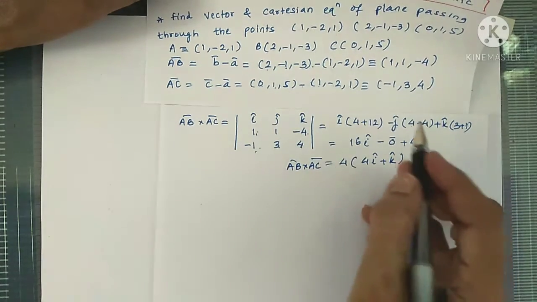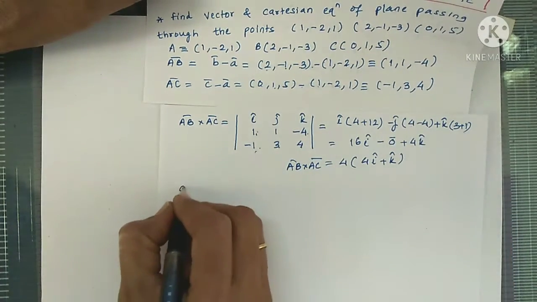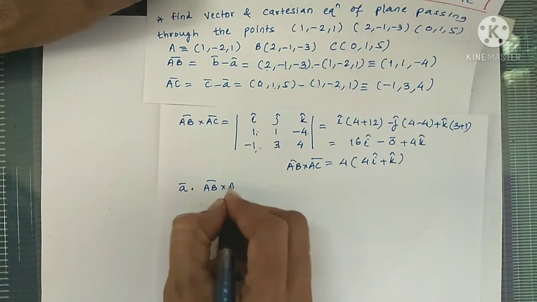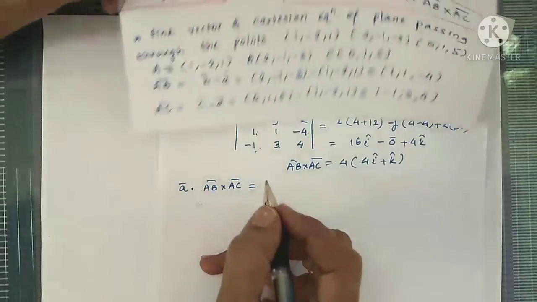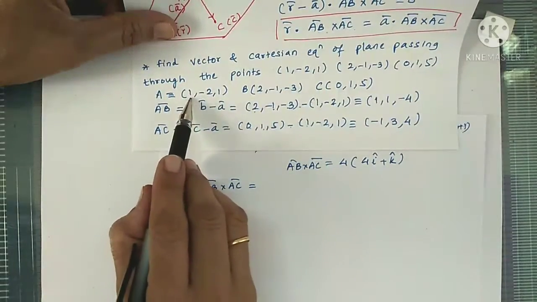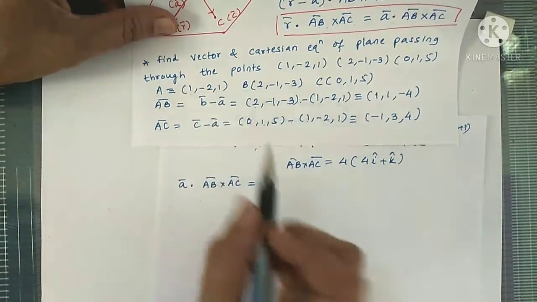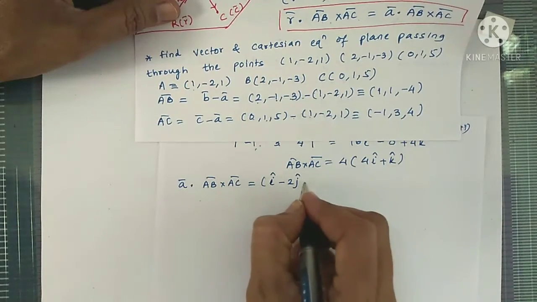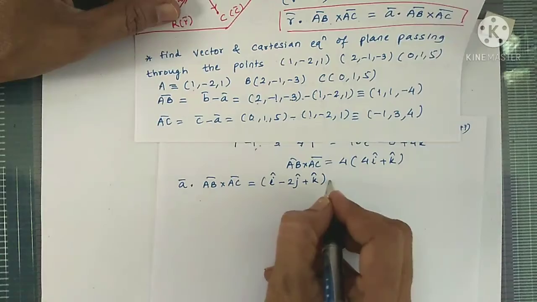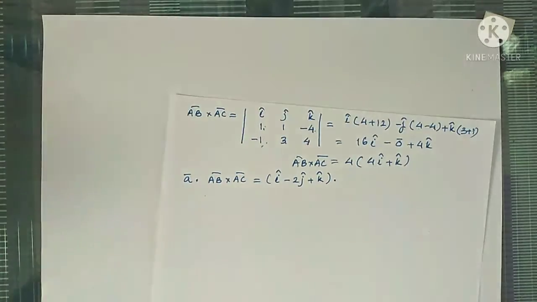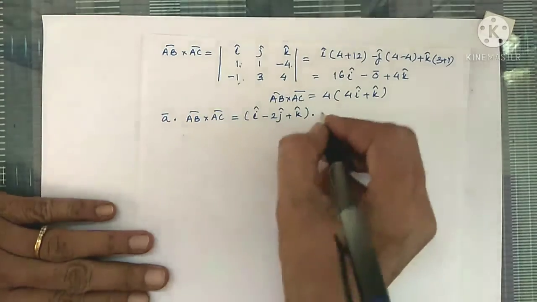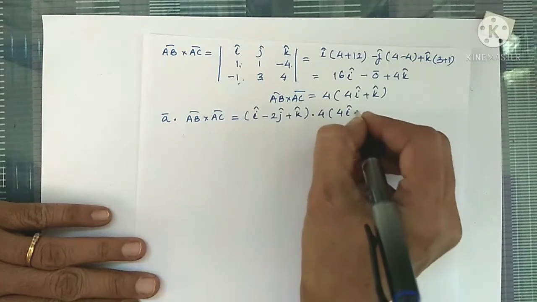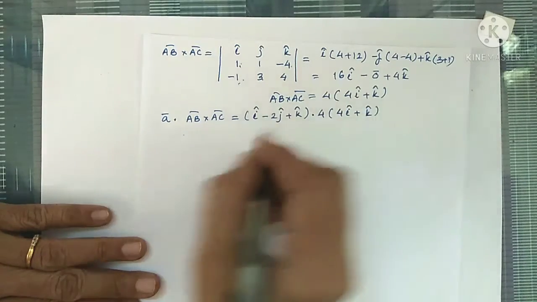In the right hand side of the equation, we have A bar dot AB bar cross AC bar. So let's find that. Now A bar is i cap minus 2 j cap plus k cap, dot AB bar cross AC bar, so that is 4 into 4 i cap plus k cap.